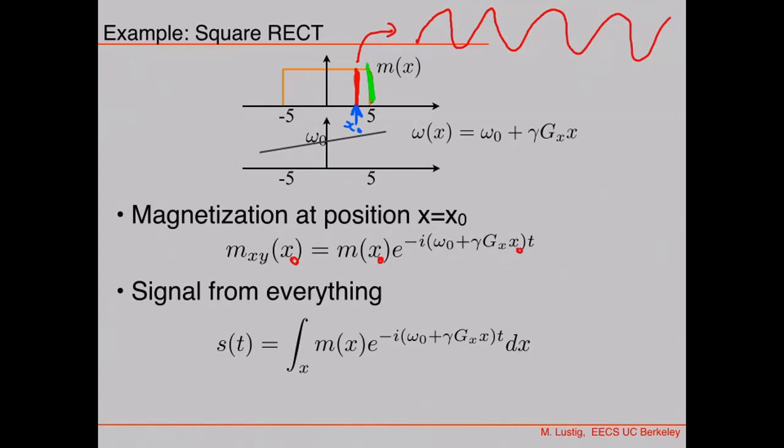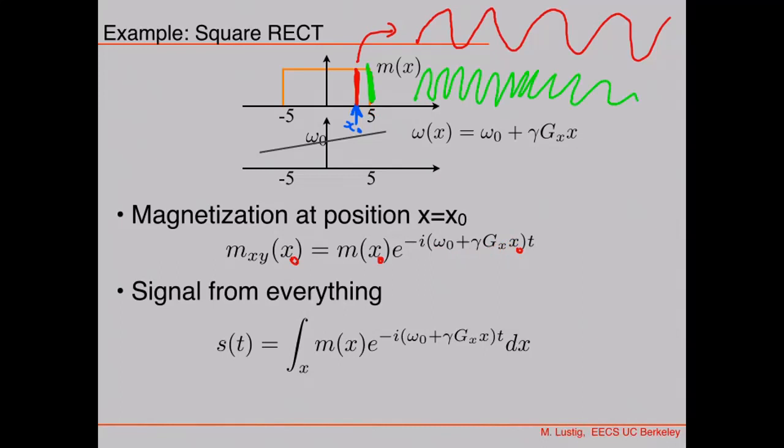What type of signal is this green magnetization going to emit? It's going to be a higher frequency. Yes, higher frequency, corresponding to omega0 plus gamma gx times x1. X1 is higher than x0, so the frequency is going to be higher.